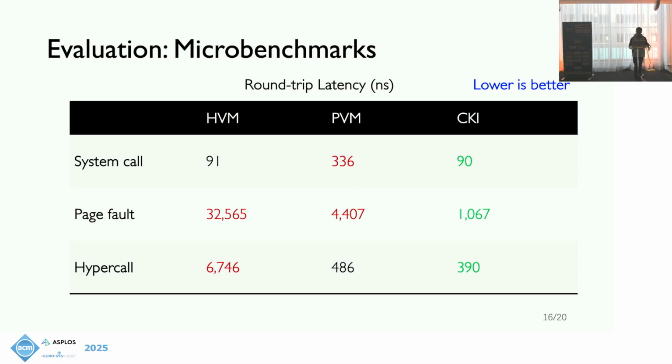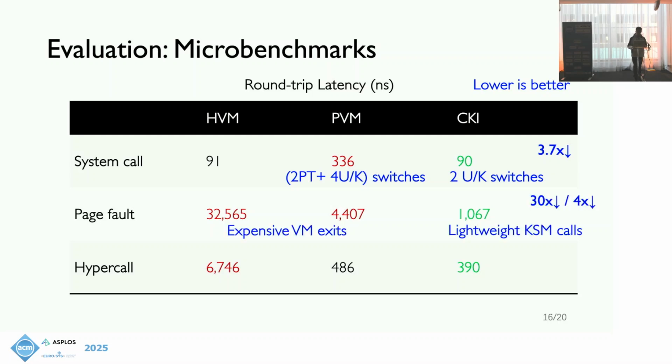We evaluate CKI in a nested cloud scenario and compare it with HVM and PVM using micro benchmarks and application benchmarks. Compared with PVM, CKI could reduce the system call latency by 3.7 times as it avoids additional page table and CPU mode switches.